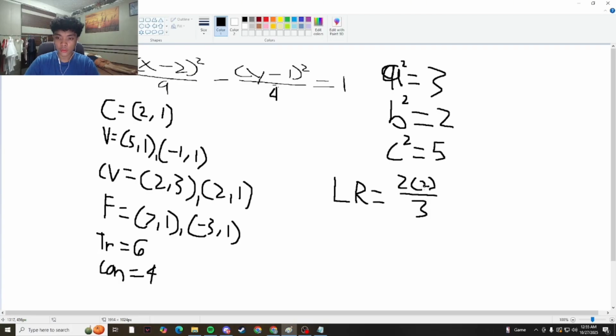We can find the b squared here, and we can find the a here. So it is equal to 2 times 4 over 3, which is 8 over 3. Now, here's our final answer.